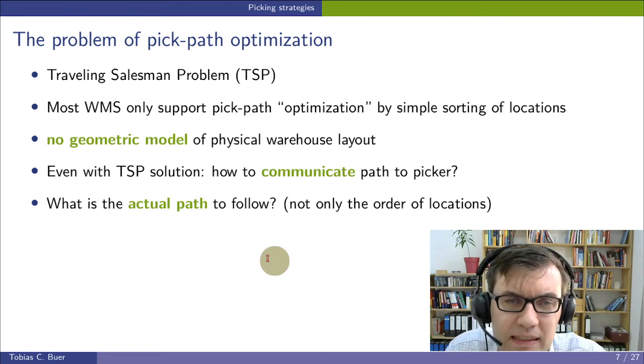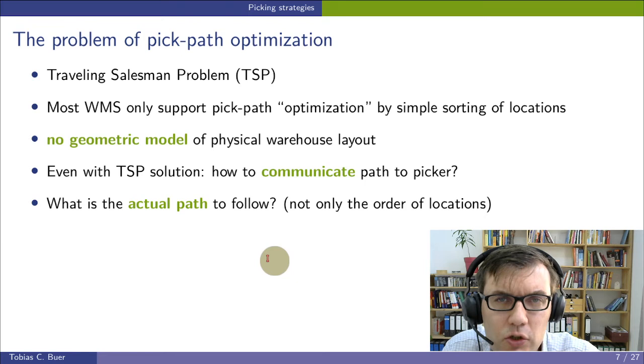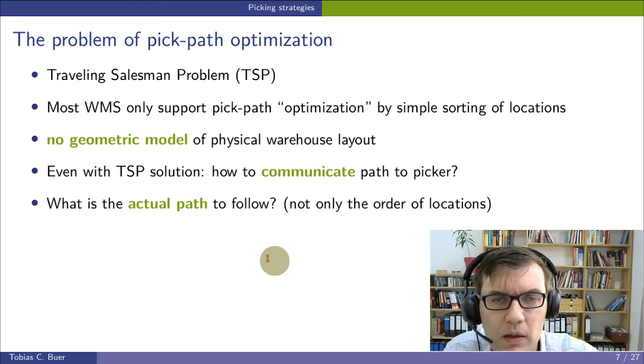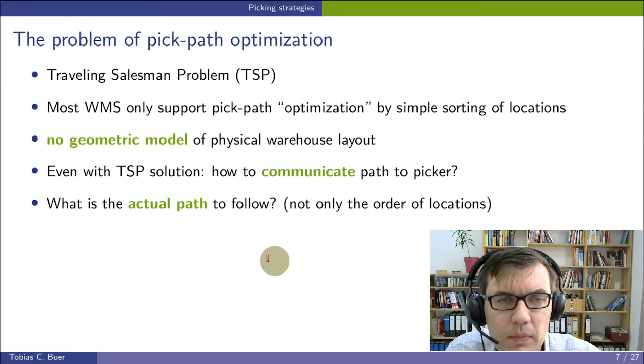So from other courses, for example, operations research or transportation and traffic, you already know the traveling salesman problem. The traveling salesman problem is a famous optimization problem in a transportation context.